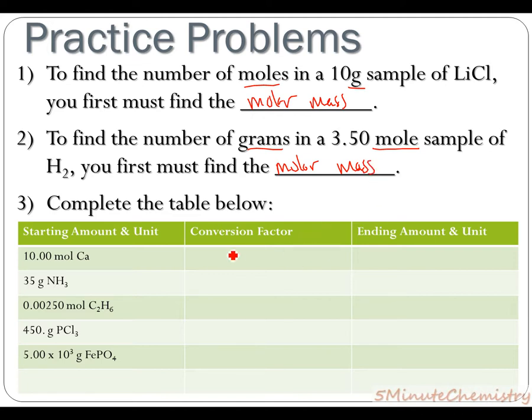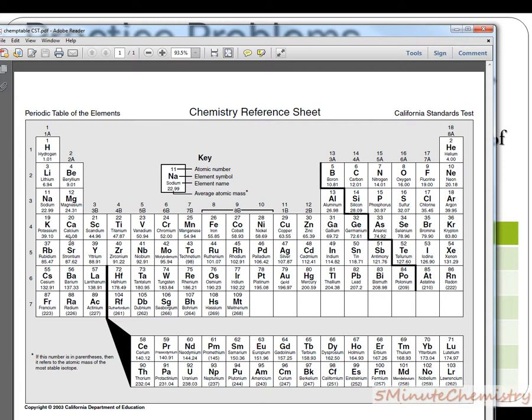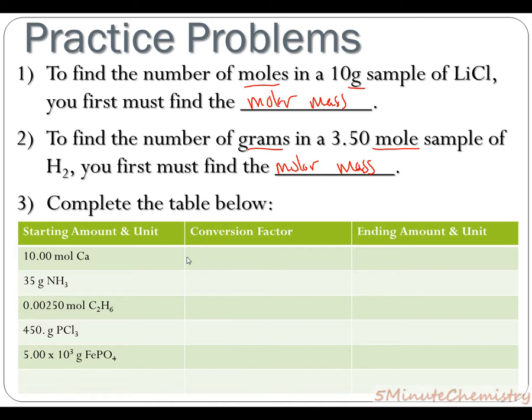Now to complete the table below, we're beginning with 10 moles of calcium. I will go ahead and pull up a table here. If we're looking at calcium, 40.08 is the molar mass. So 10 moles of calcium with a molar mass of 40.08. So my factor is 40.08 grams per mole.